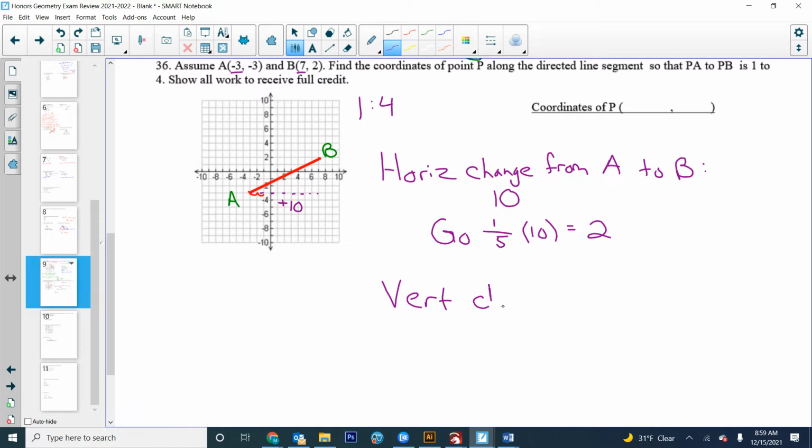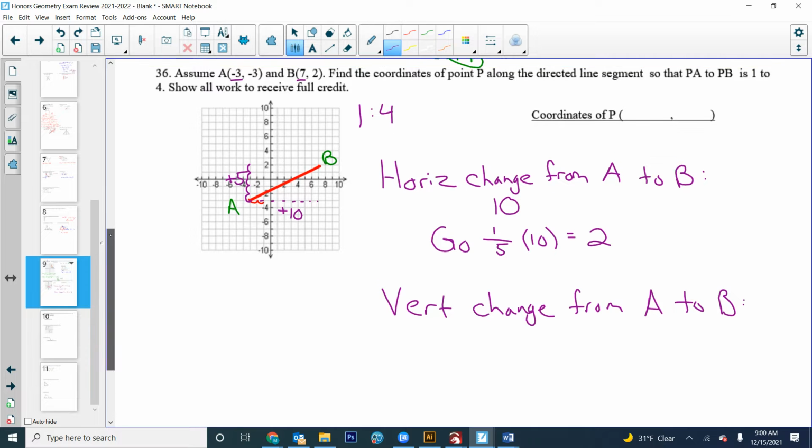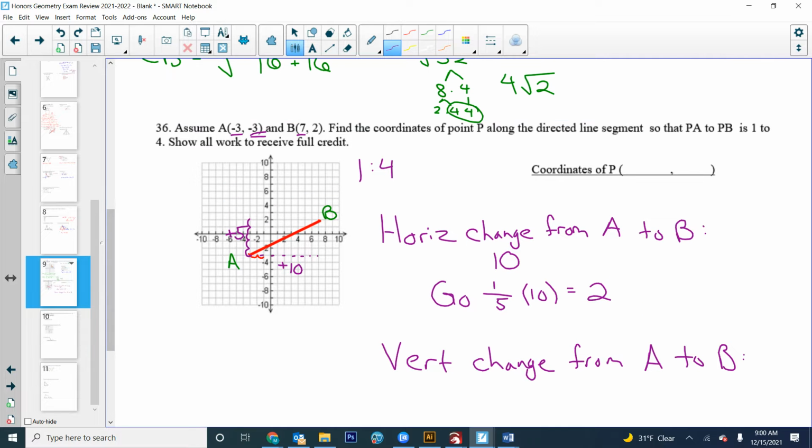Vertical change from A to B. Well, my vertical change is up 1, 2, 3, 4, 5. I can count. Or I could look at the y values and say from -3 to 2 is 5 units up.